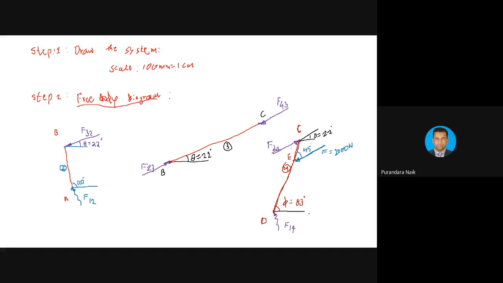The last option is the fourth link. In the fourth link, we have 3 forces. We know the direction and magnitude of one force, and we know the direction of F34 but not the magnitude. And F14 is unknown magnitude and unknown direction.